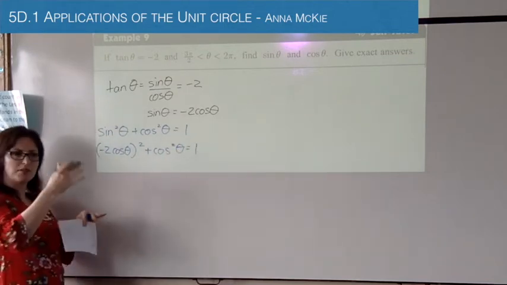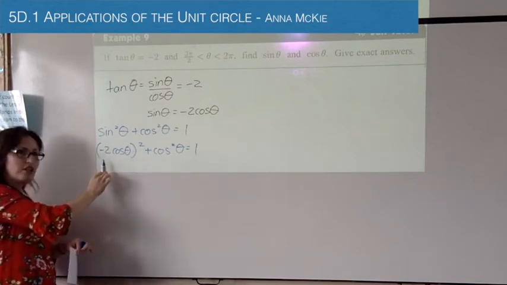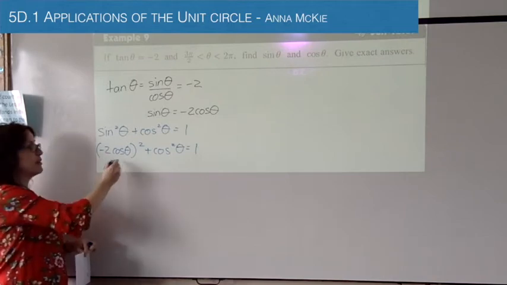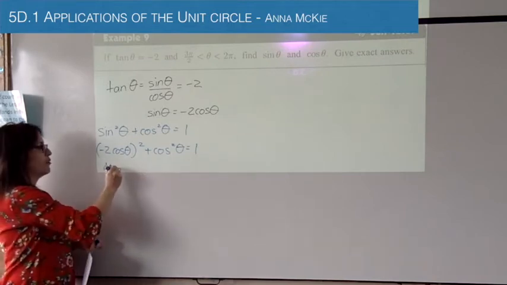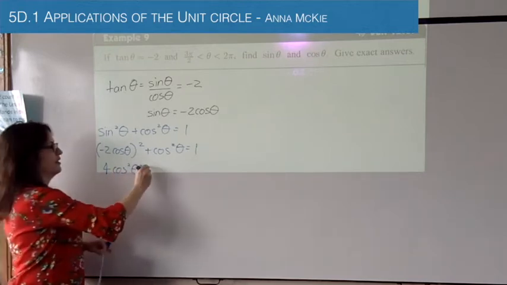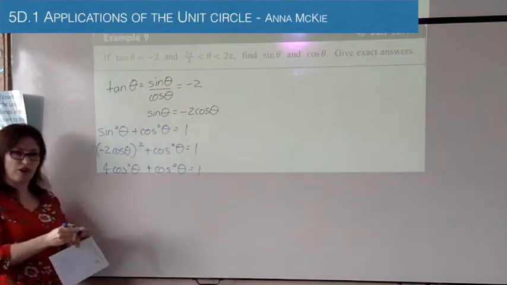Can I simplify this a little more? The square here, when you calculate that, you must square the number to get 4, and you must square cos. And where we write that square is inside, between the cos and the theta. Now this is like collecting like terms, strangely enough.